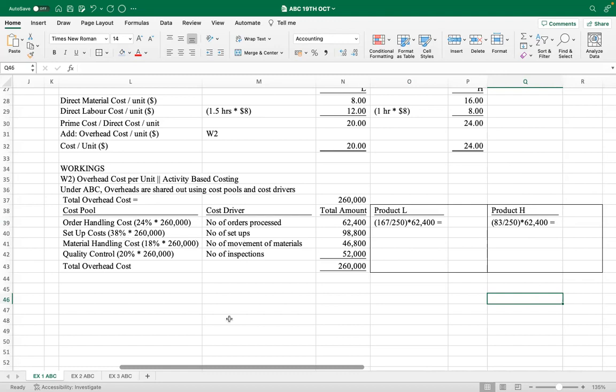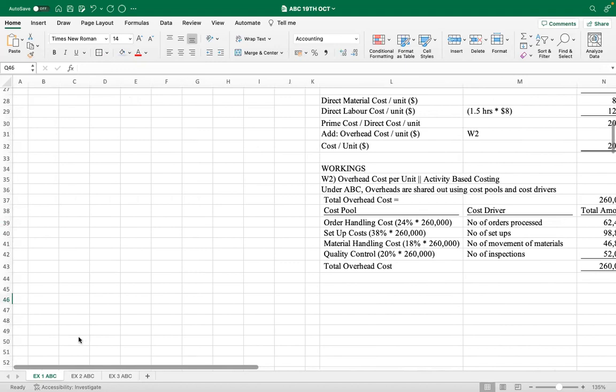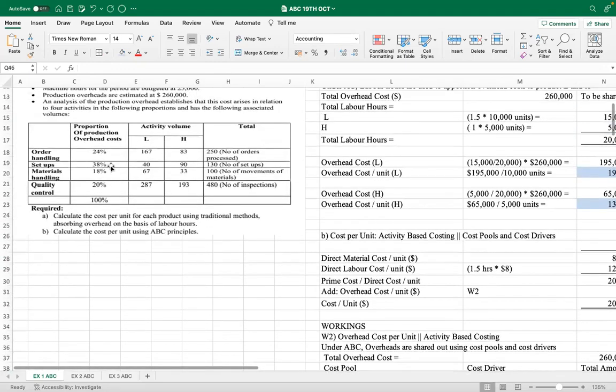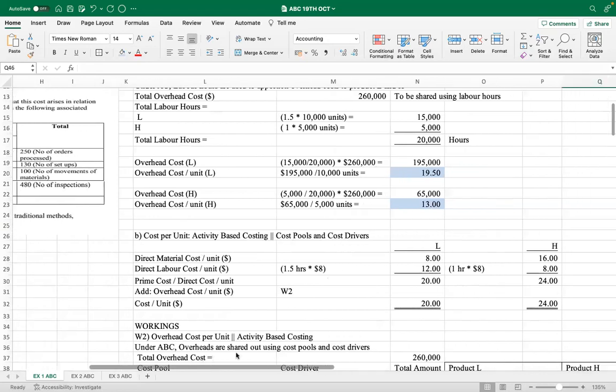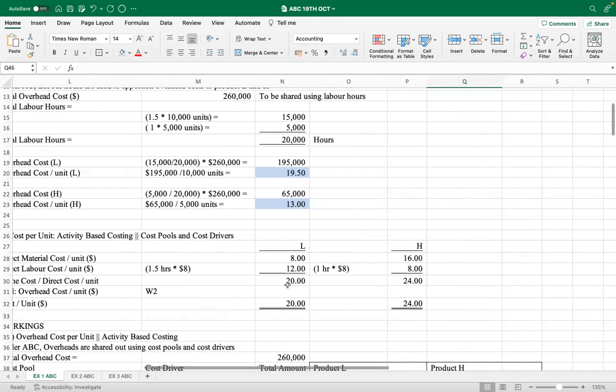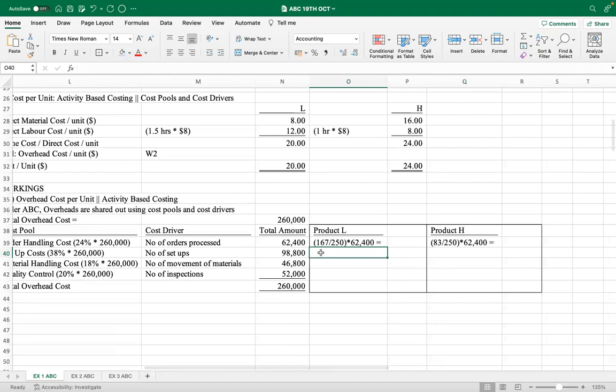Setup cost depends on the number of setups. So let's go and check the number of setups. The number of setups are 40 and 90. The total is 130. So 40 over 130, close the bracket, times 98,800.